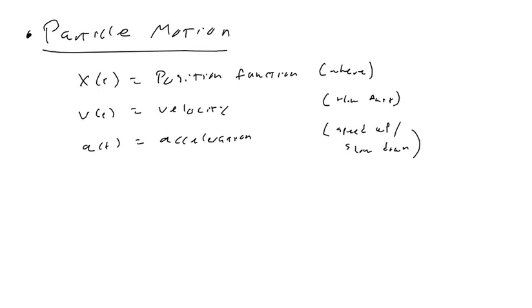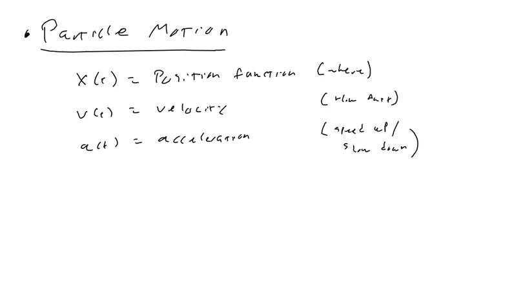And the things to remember about these equations is their relationships. If you take the x function and you do the derivative, that is the velocity equation. The derivative of the position function gives you velocity. And similarly, if you have the velocity equation and you do the integral of it, that gets you the position.